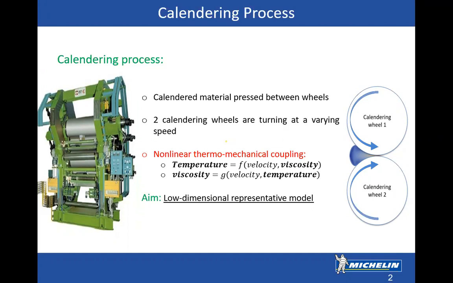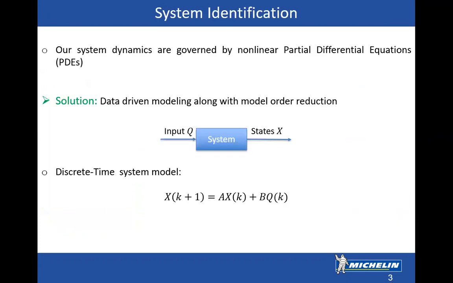Since our aim is to control this process and to control the temperature, we start with system identification, and our aim is to find a low-dimensional representative model. Today I am explaining the system identification. Our system dynamics are governed by nonlinear partial differential equations.